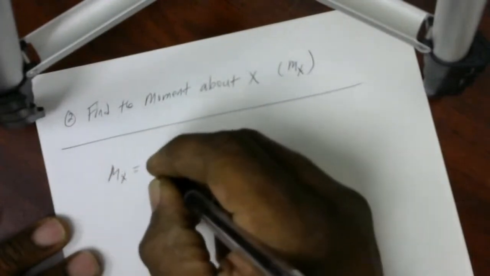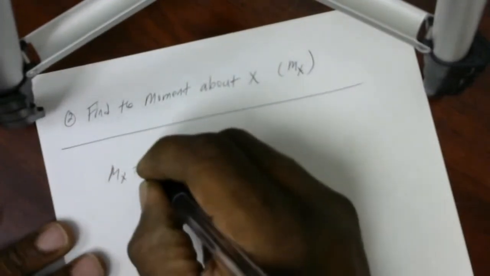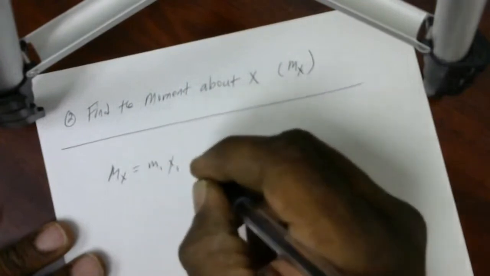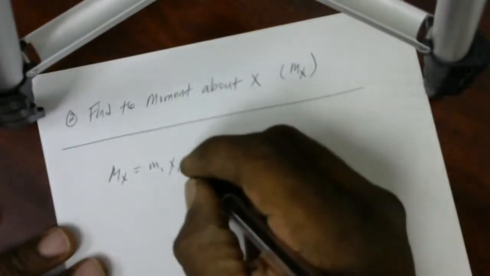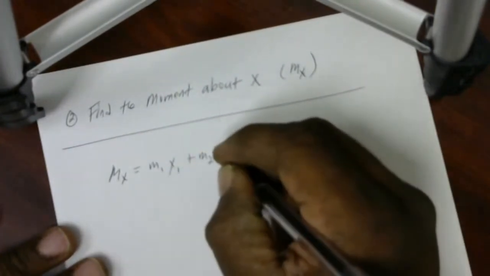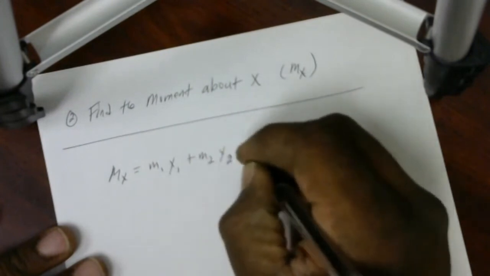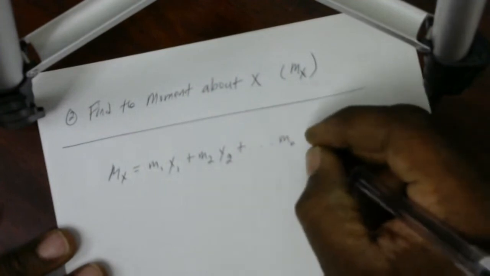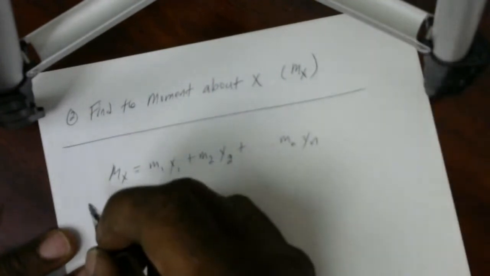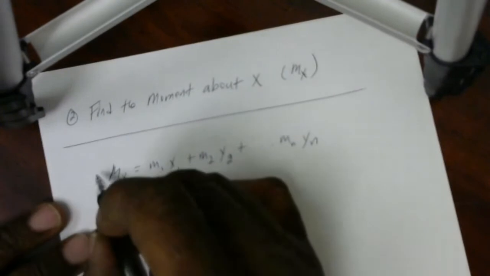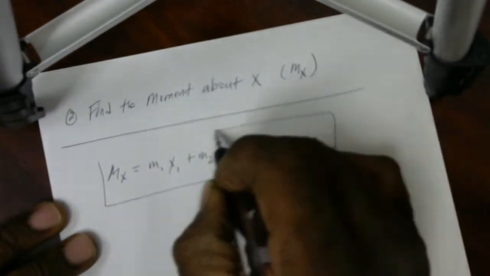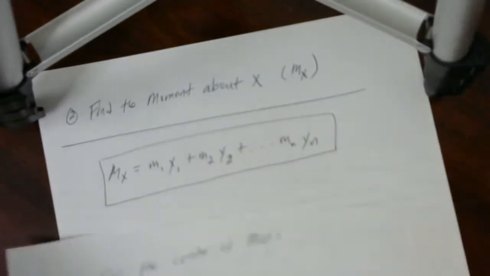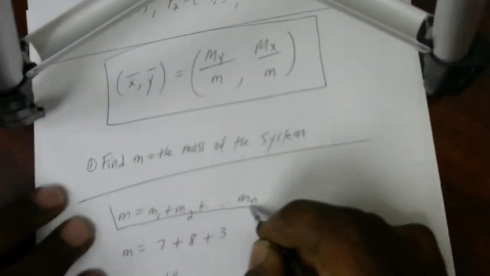M sub x is equal to m sub 1 times y sub 1 plus m sub 2 times y sub 2 plus dot dot dot m sub n times y sub n. I'm going to put these formulas in a box, and also go back and put this formula in a box.